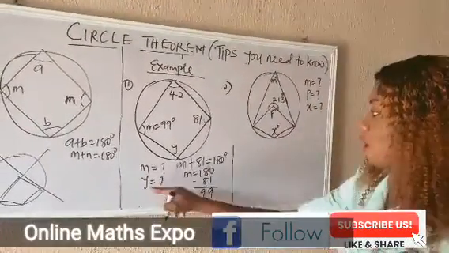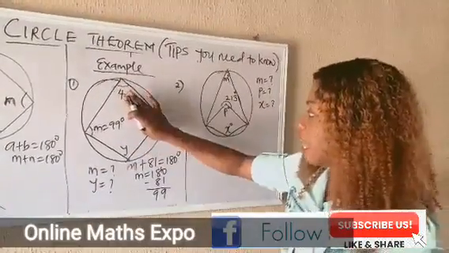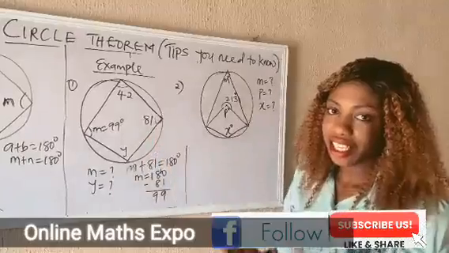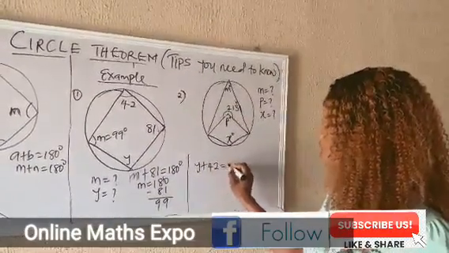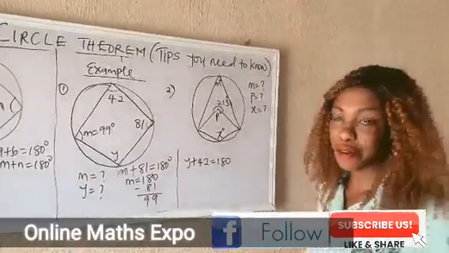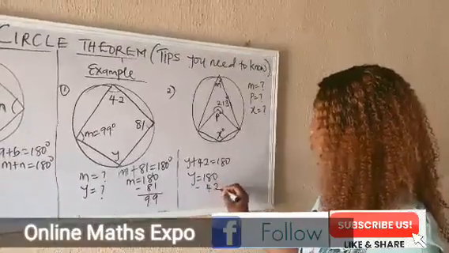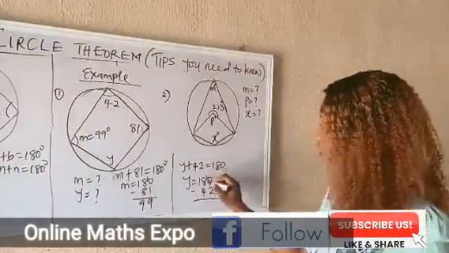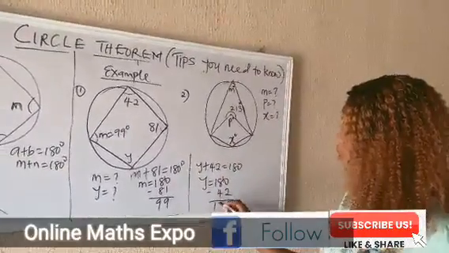What about our Y? Remember, the opposite angles of a cyclic quadrilateral, if I add this and this together, give me 180. So in that case, Y plus 42 is 180. I hope you are still there with me. Then Y will give us 180 minus 42. If we subtract, 10 here will give us 8, 17 minus 4 will give us 13.